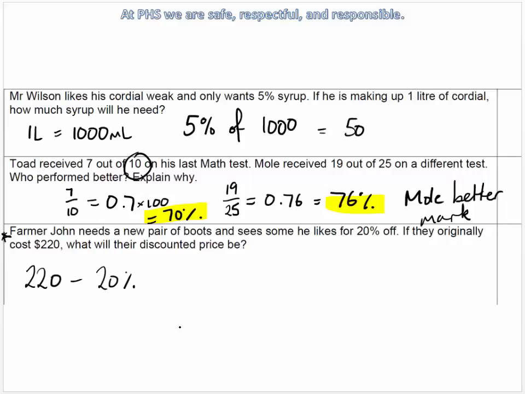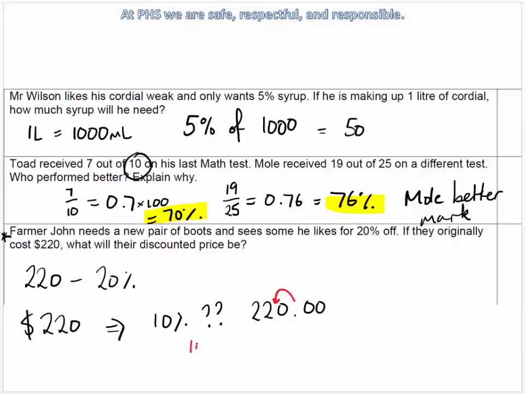All right, so we've got $220. What would 10% be? Well, 10% is the same as dividing by 10. So if I've got 220 and I divide by 10, that's moving the decimal place one spot to the left.